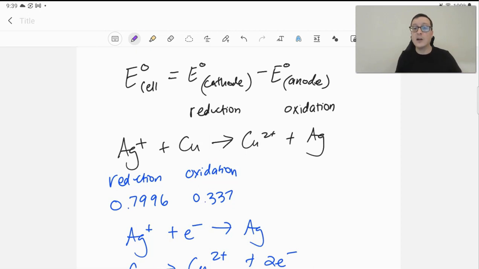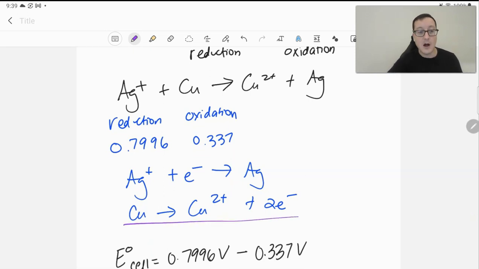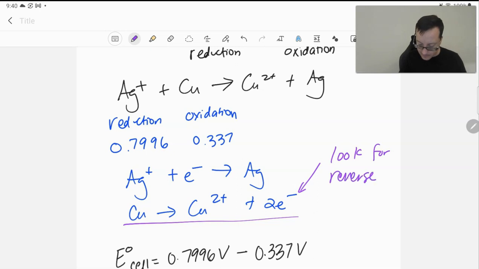Find those on the table. Your oxidation reaction will always be written in reverse. So on this one, our reaction is copper turning into copper 2+. On the table, we look for the opposite of this, and use the number as written. Don't change anything. Otherwise, it'll make it more difficult.